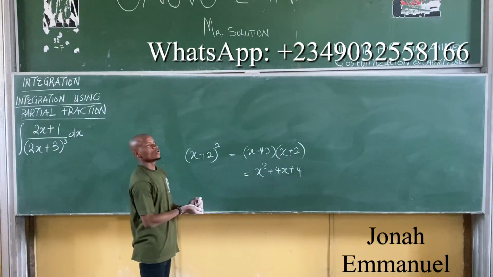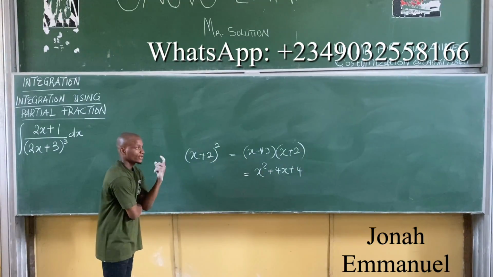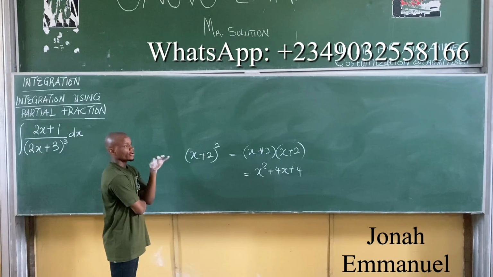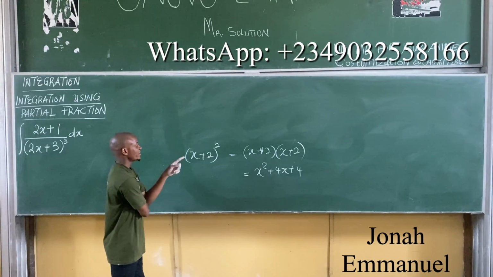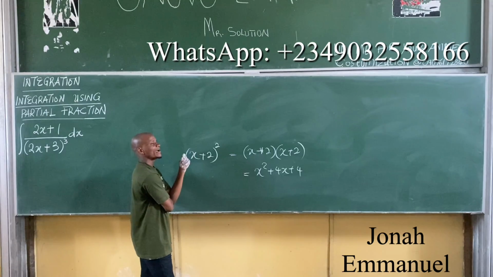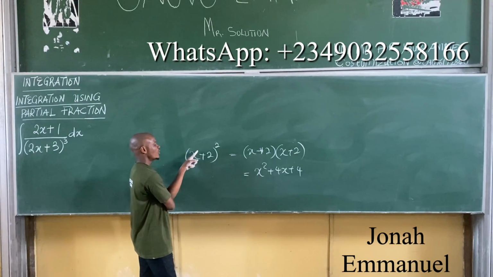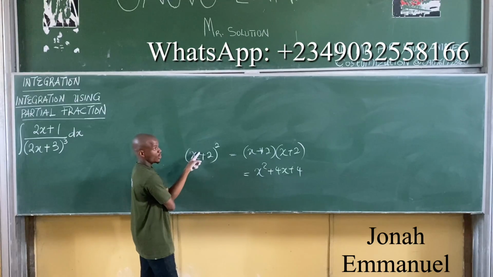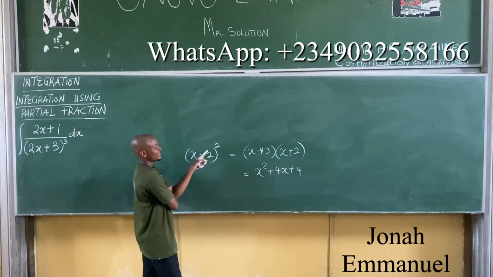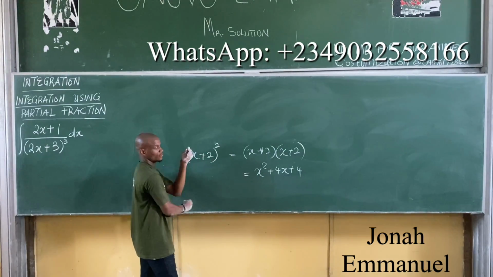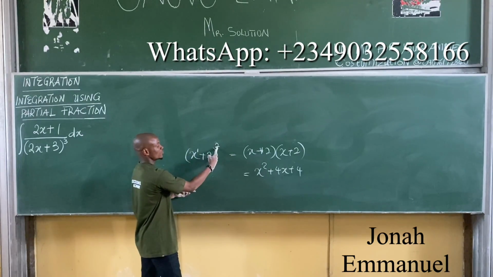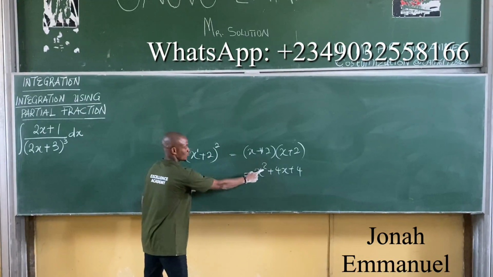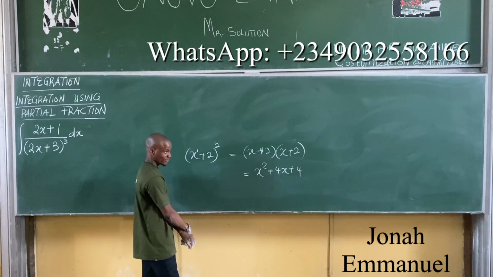You can always know the degree of any term by multiplying the highest degree of the variable by the degree outside. So in this case, degree here is 1, degree here is 2. 1 times 2 is 2, a degree 2 function.